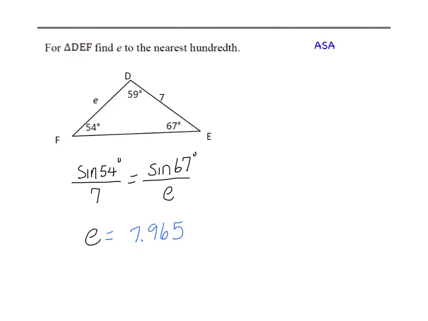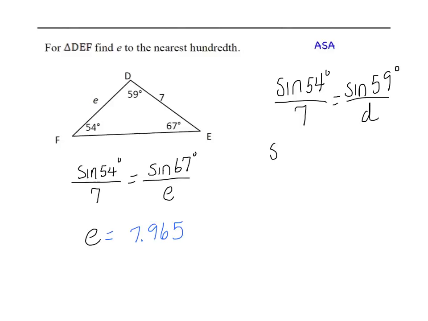Okay, now that you found E, you can see that it wouldn't be all that difficult to find the remaining side, side D. And we can set up the sine and cosine the same way. So using the law of sines, I would say the given side, sine of 54 over 7, is equal to the sine of angle D, which is 59, over side D. And then we would use the same method.